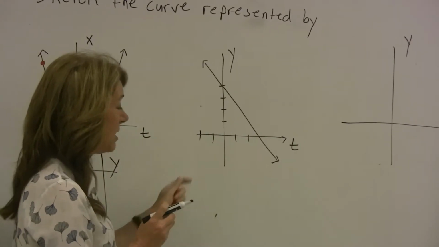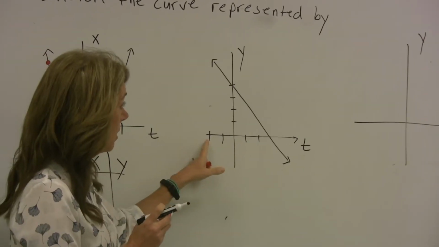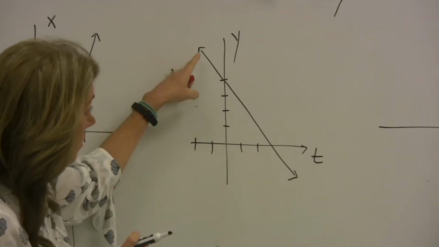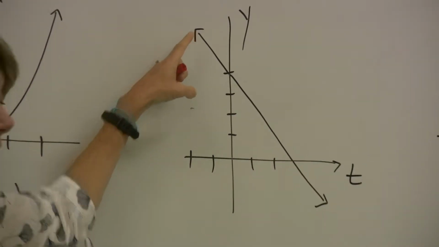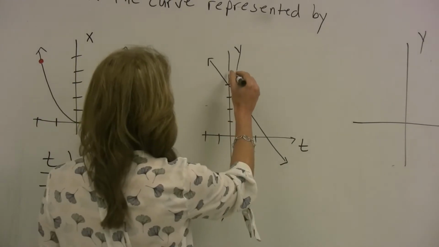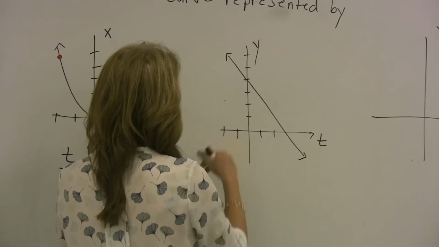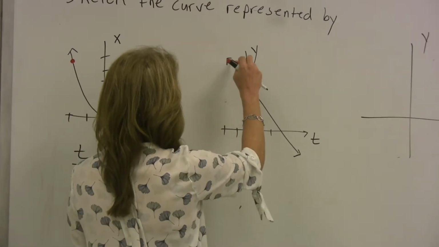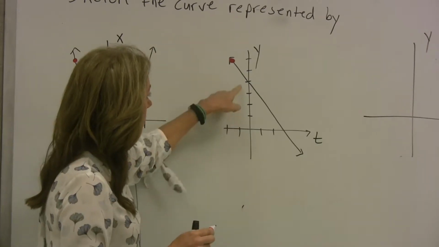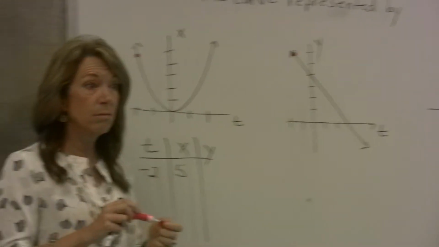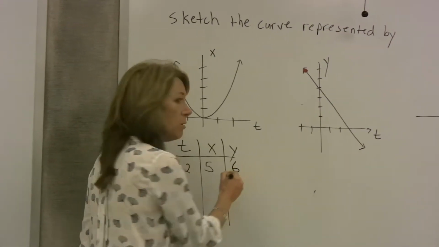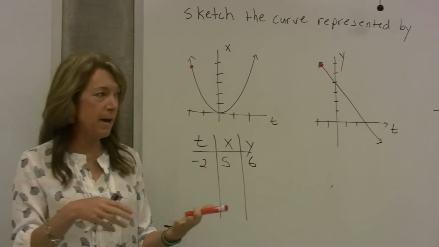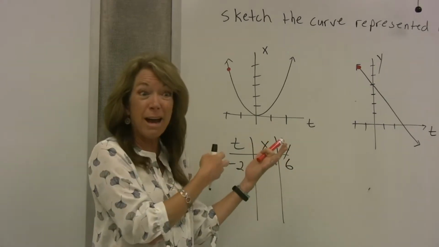Can't tell for sure, we're just estimating. -2, I don't know, maybe 6, roughly? My scale is not good. Roughly 6? 1, 2, 3, 4, 5, 6, roughly? We're estimating. So this is one where you don't plug in to find your point. You have to actually look at a graph to find your points.